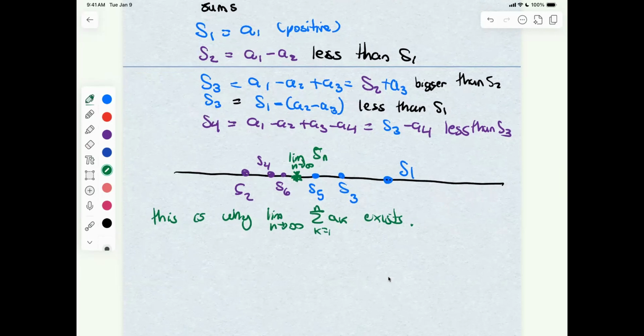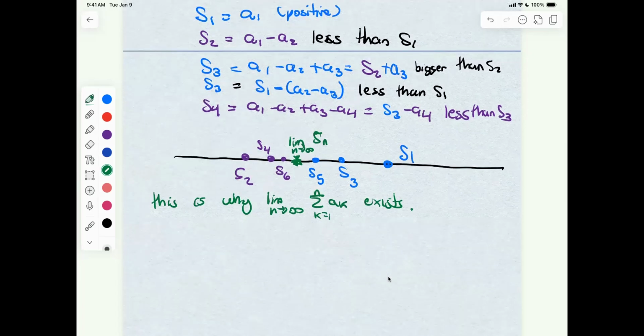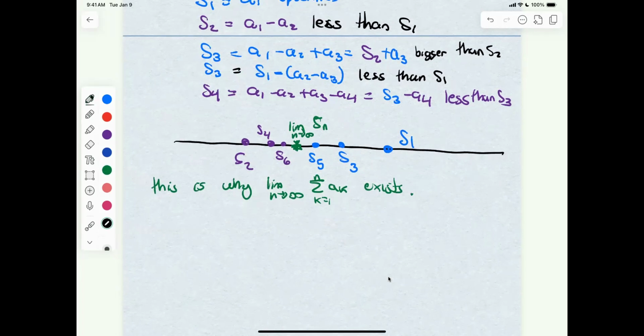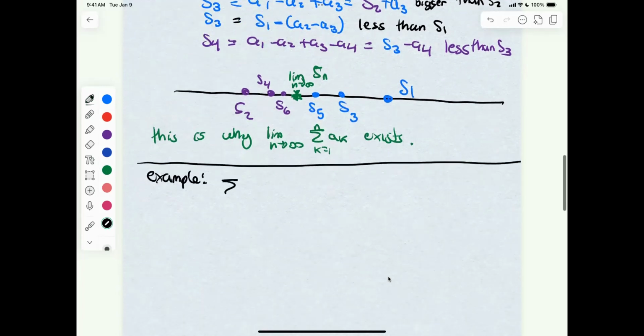And in practice, as I was saying, the usefulness of this test is that it does cover cases that you could not use before. So the best example is the alternating series of 1 over n. So this one, because of the alternating series test, would converge.